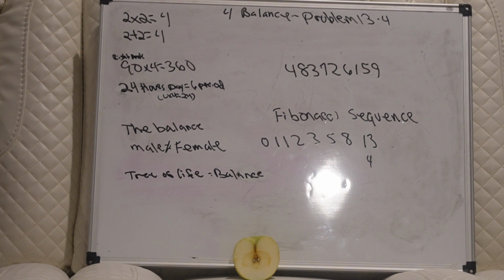Why is that important? Because it's going to give you a new result. Nothing comes out of the zero old. The zero makes all things new. The womb, the tree of life, makes all things new. The number 2 and the balance that equals out to the number 4, it makes all things new.